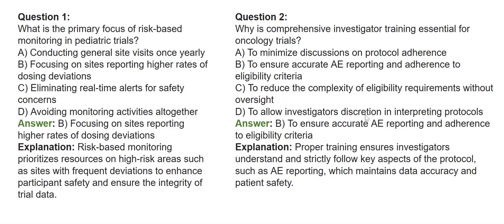So comprehensive investigator training is essential for oncology trials, or any other kind of trial actually, to ensure accuracy. So it is B, to ensure accurate AE reporting and adherence to eligibility criteria, as proper training ensures investigators understand and strictly follow key aspects of the protocol, such as AE reporting, which maintains data accuracy and patient safety.